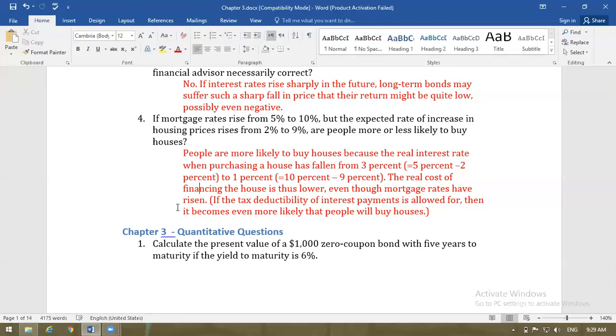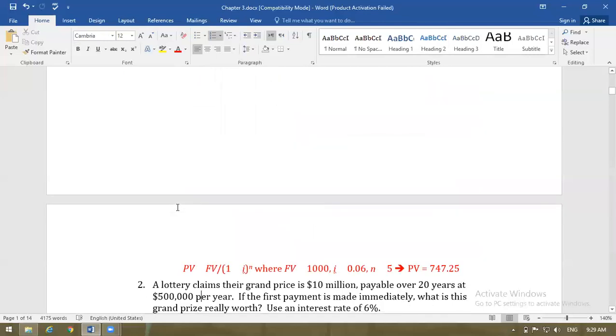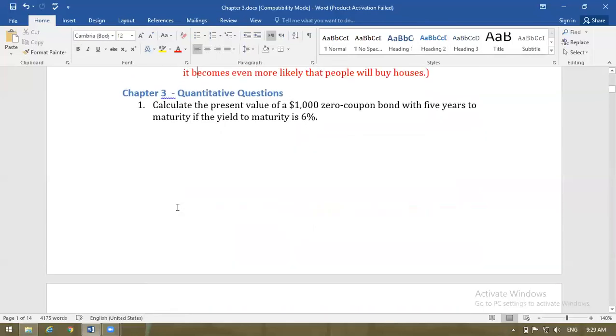Further, question 3, quantitative question. Calculate the present value of a 1000 zero coupon bond. As we know, this is a case of zero coupon bond, and zero coupon bond is similar to the simple loan case.